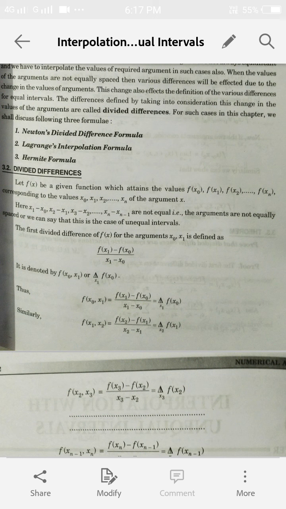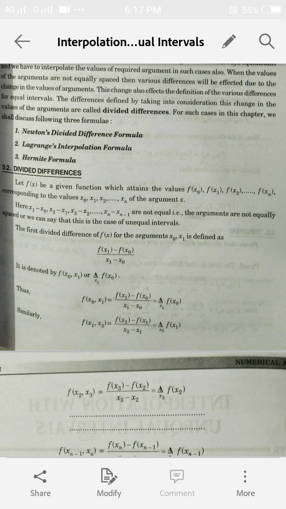It means x1 minus x0, x2 minus x1, x3 minus x2 and so on, up to xn minus x(n-1), these are all not equal. That is, the arguments are not equally spaced, so this is the case of unequal intervals.